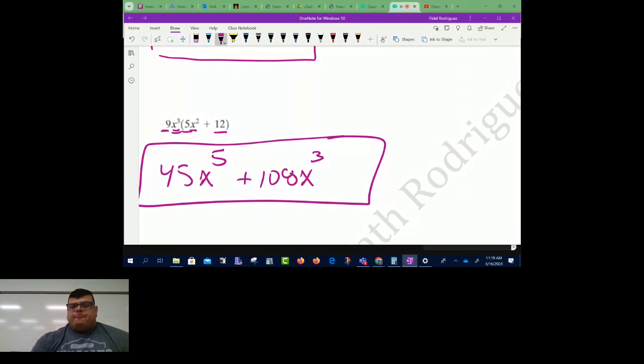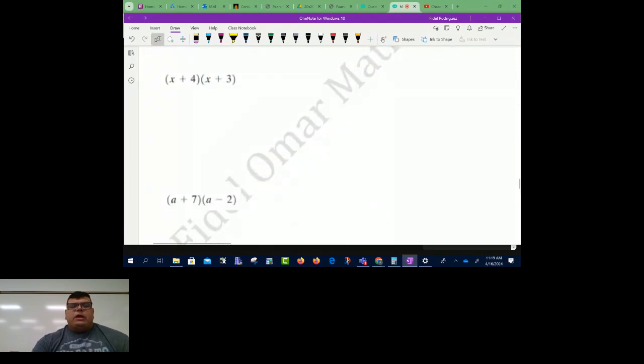All right. Y'all, I'm going to move down a little bit more. Okay. So when I see a problem like this, we're going to use the distributive property, but we're going to do it twice. So I'm going to take this x here, and I'm going to go like this, 1 and 2. So let's do that. X times x, that's an x squared. Okay.